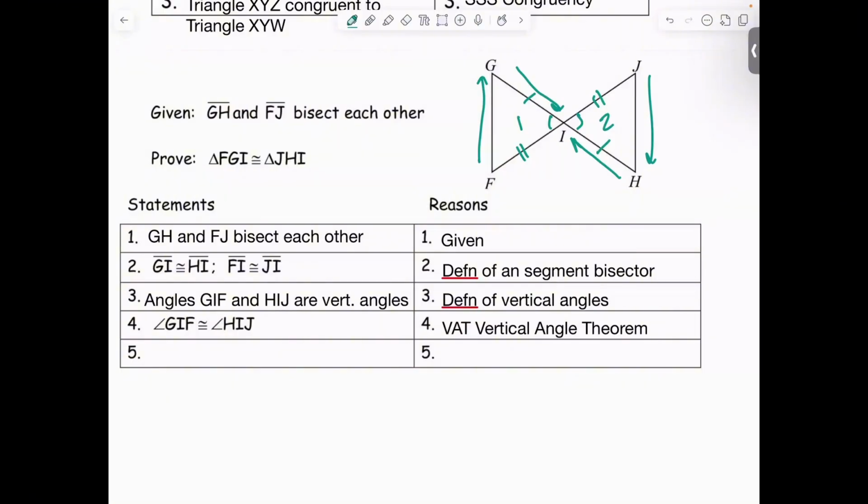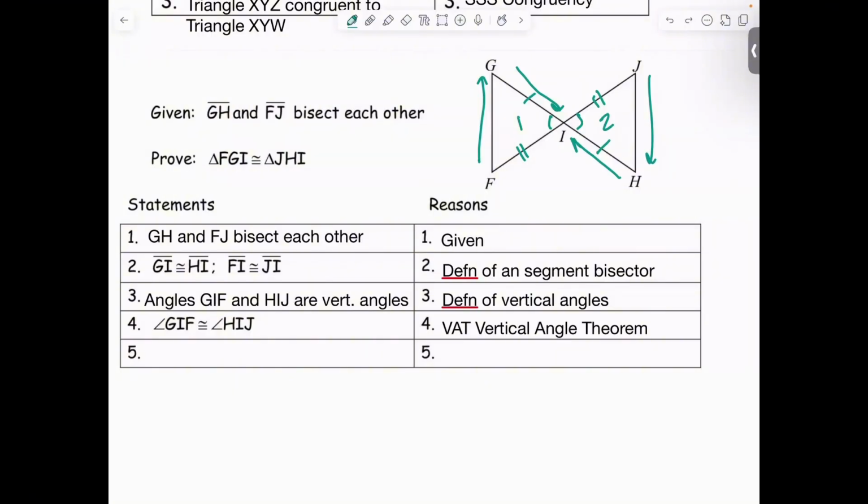And you just need to make sure when you make those congruency statements that everything matches up. So in essence, FG is congruent to JH. Segment GI is congruent to HI. And then FI and JI are also congruent.